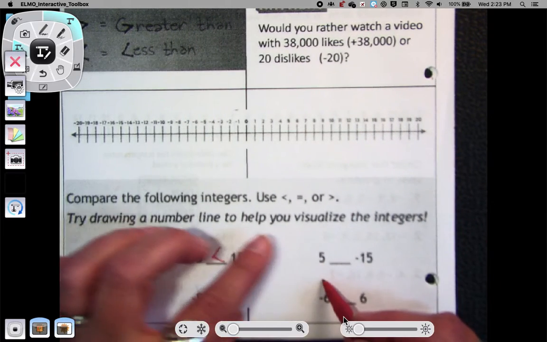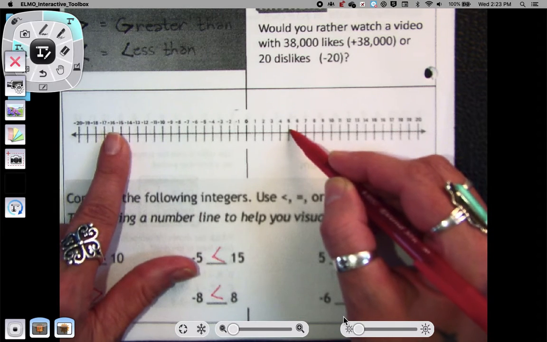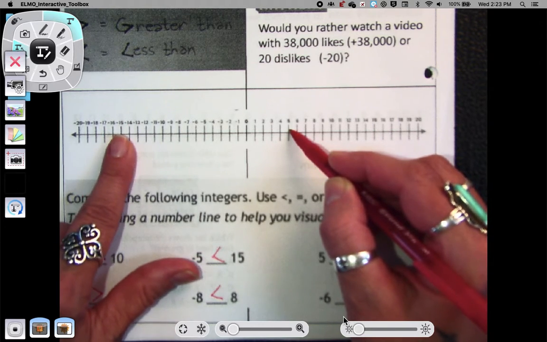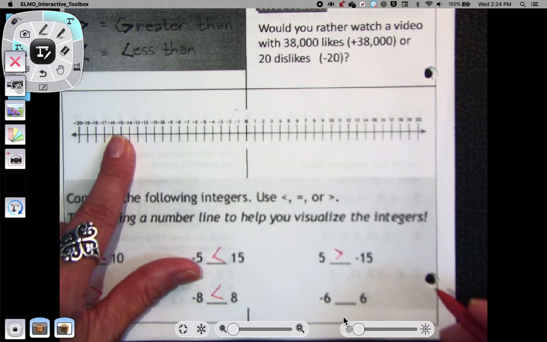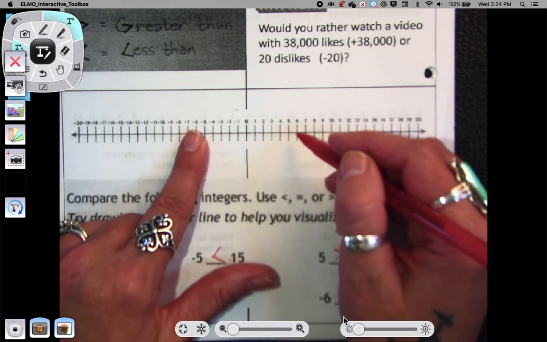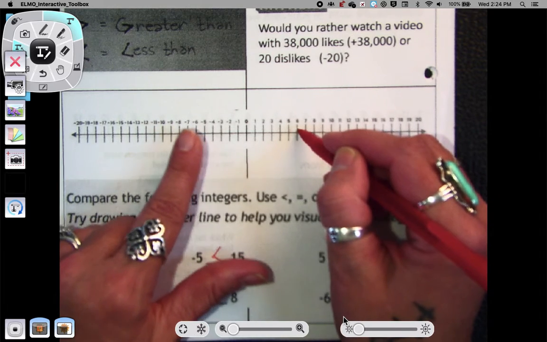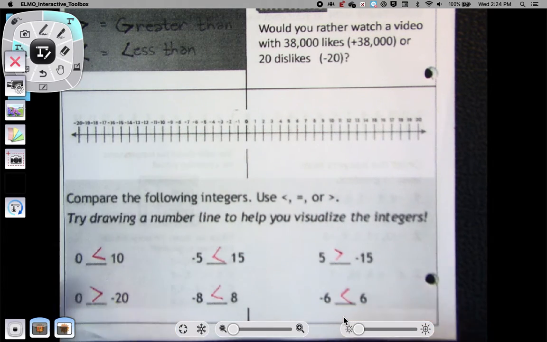Comparing the integers 5 and negative 15. Negative 15 is on the left, so it is less than 5. Then we're comparing negative 6 and 6. Negative 6 is on the left, so it is less.